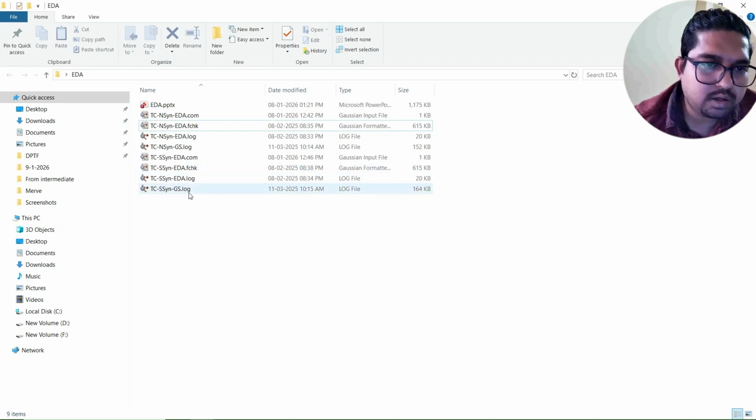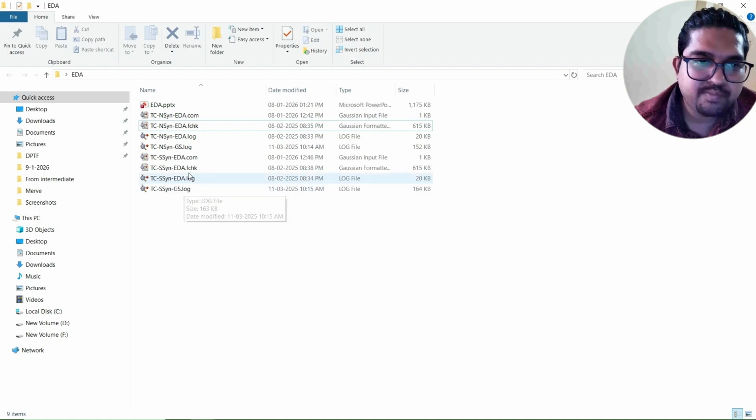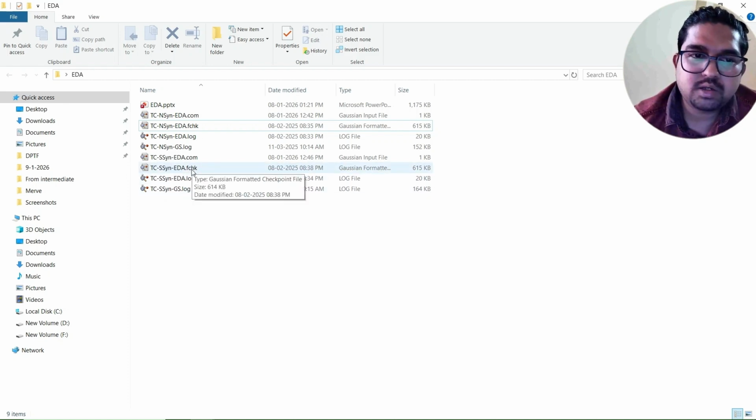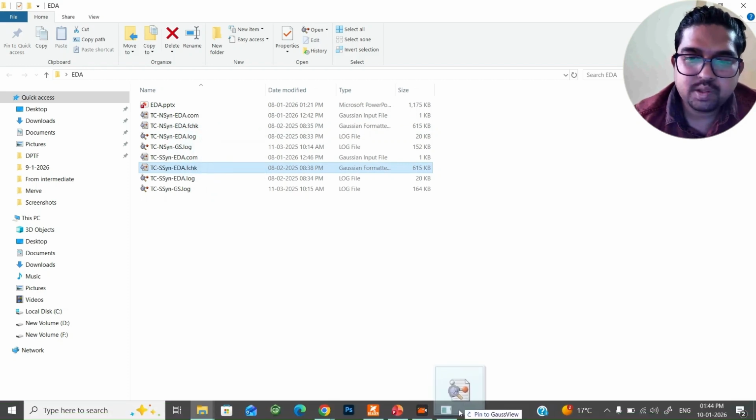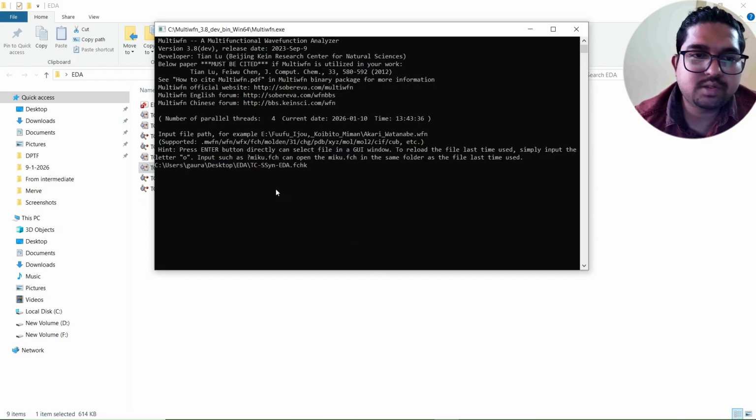Here this is the optimized geometry, and these are the single point calculation output file for EDA and the checkpoint file for EDA. So I will take this formatted checkpoint file for EDA calculation, which is based on the single point calculation. Drag this and just put it here in the Multiwfn tool.